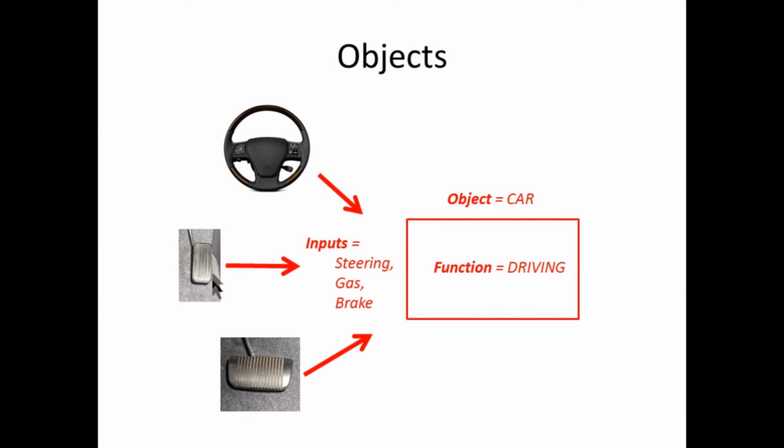It just needs to use these simple inputs and do its job with these inputs, and the manufacturer has already figured out how to convert those inputs into the function of driving. Now, on the other hand, if you are the manufacturer, you certainly had to design this box for this function of driving.